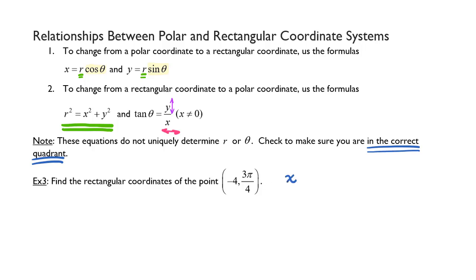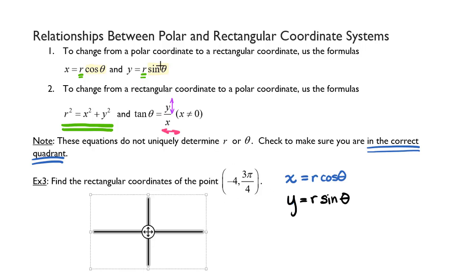Let's find the rectangular coordinates of the point -4, 3 pi over 4. If we want to find x, we know that x is equal to r cosine theta, and y can be represented with r sine theta. And from here, we should probably just really quickly sketch approximately where we envision this -4, 3 pi over 4 existing, so that we have kind of this idea of where it is.